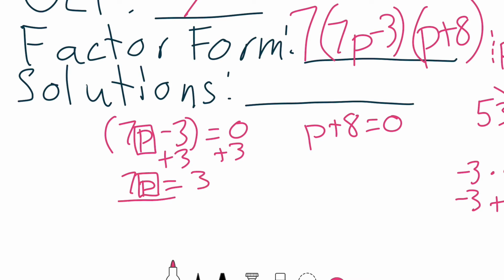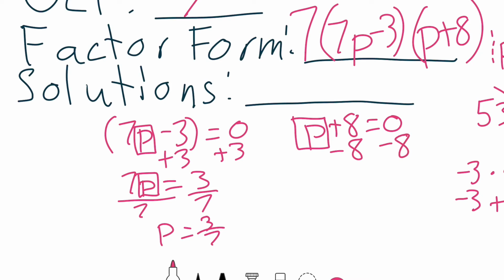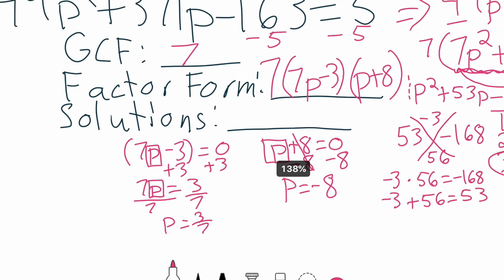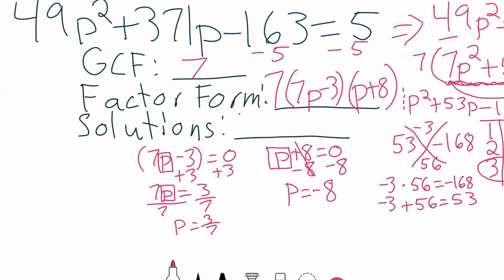P is still not by itself, so I've got to divide by 7. p equals positive 3 over 7 for the first parentheses. Second parentheses, p is not by itself, so I need to subtract 8, cancels out, p equals negative 8. So my solutions for this third example are 3 over 7 and negative 8.